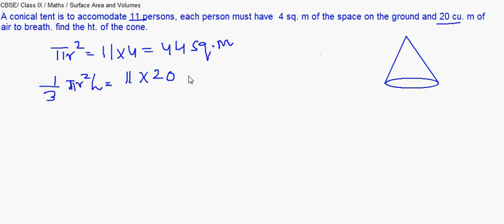So 1 by 3 pi r square h, that's the formula for calculating volume, is given by 220 cubic meters. We have to use both these pieces of information to find the height.